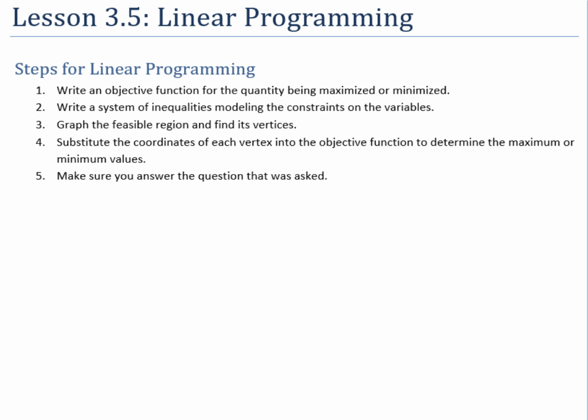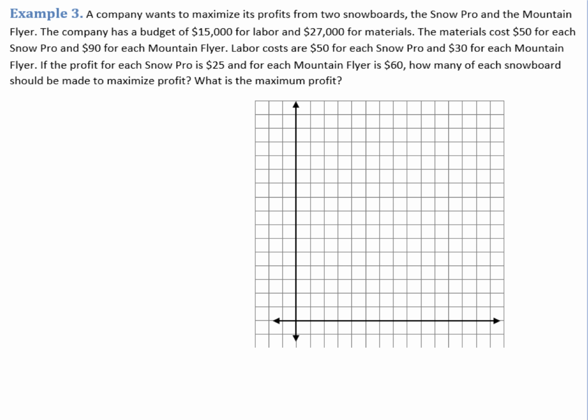So here is the example. A company wants to maximize its profits from two snowboards. The first one's Snow Pro and then the Mountain Flyer. The company has a budget of $15,000 for labor, so altogether they can spend $15,000 on labor and $27,000 for their materials.